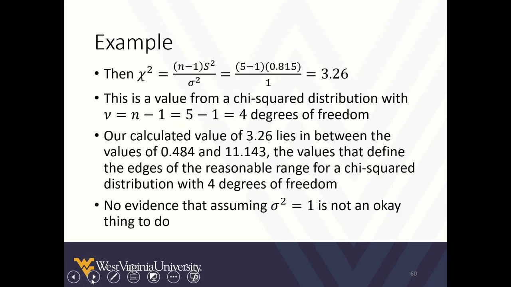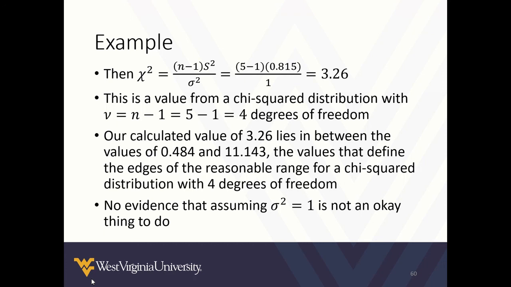And so at that point, we can go ahead and plug into our chi-squared statistic formula: the quantity of n minus 1 multiplied by our sample variance, divided by our population variance. We would have 5 minus 1 multiplied by 0.815, all divided by 1. And so this would give us a chi-squared value of 3.26.